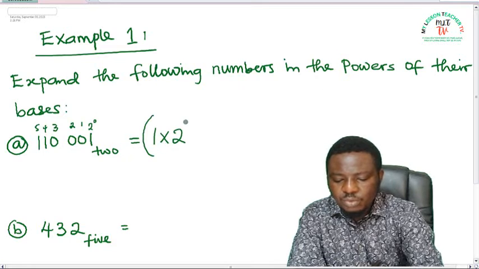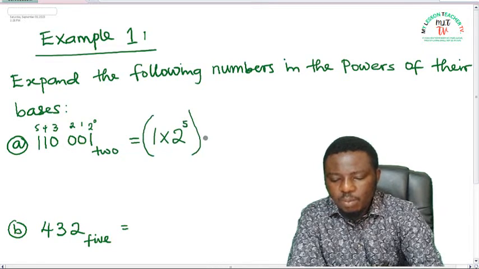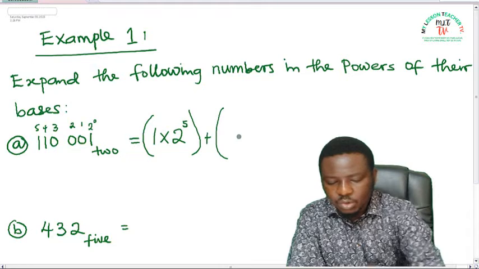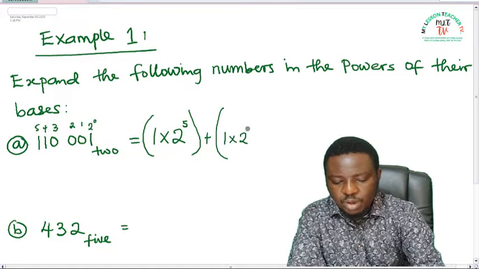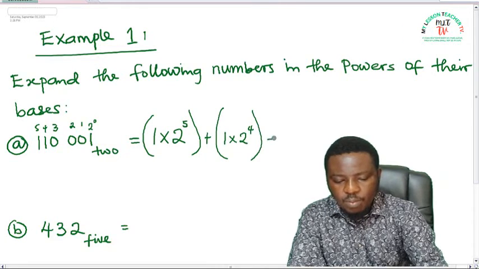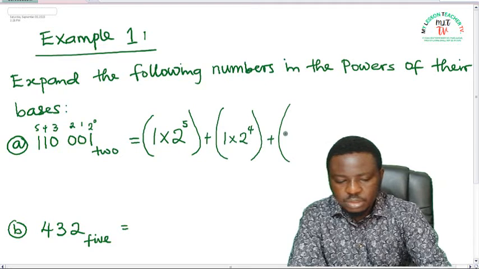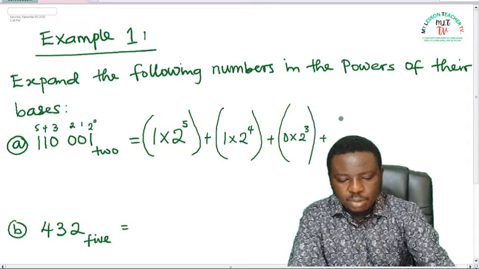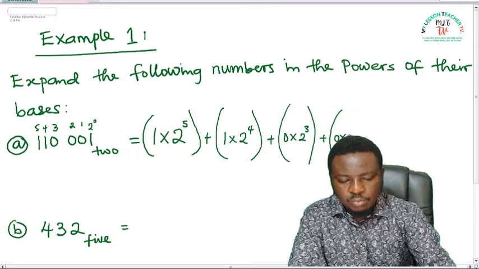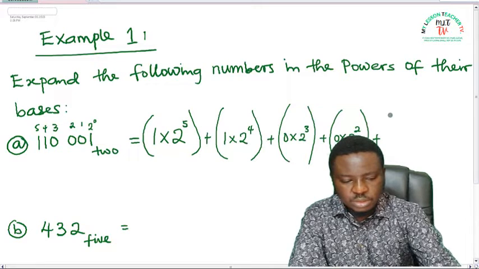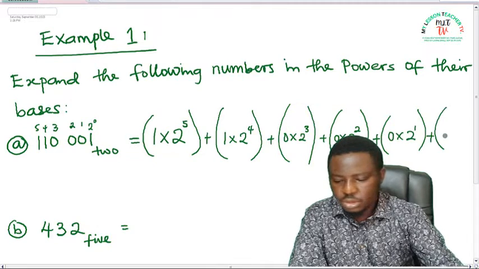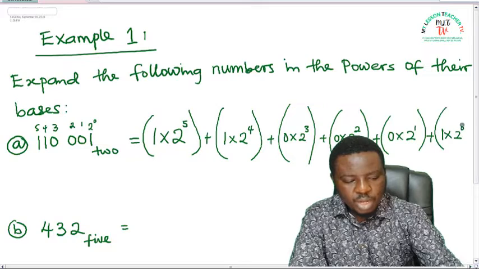So it's said to be 1 times 2 raised to the power 5 plus, you pick the second, 1 times 2 raised to the power 4 plus 0 times 2 raised to the power 3 plus 0 times 2 raised to the power 2 plus 0 times 2 raised to the power 1 plus 1 times 2 raised to the power 0.